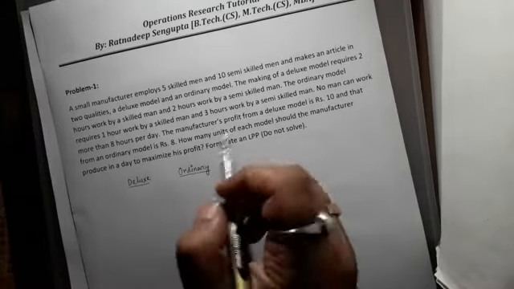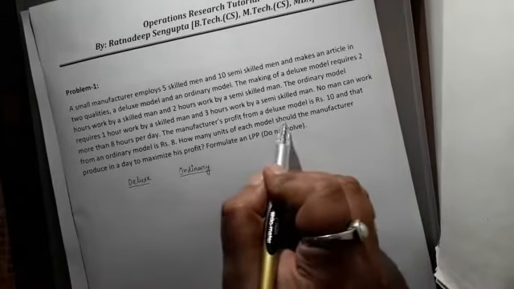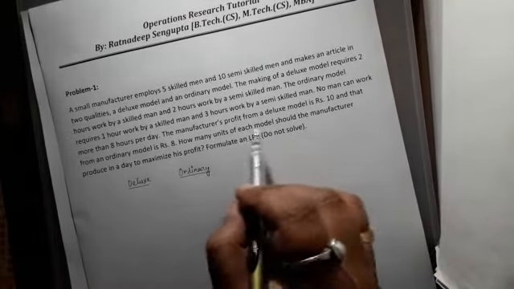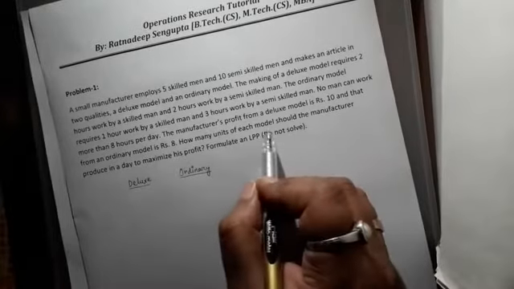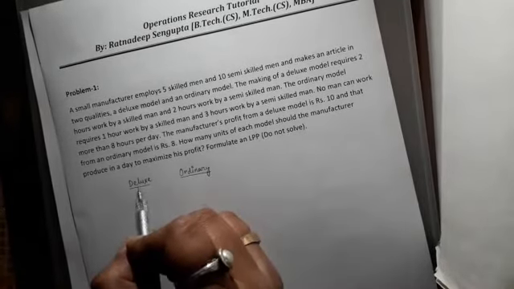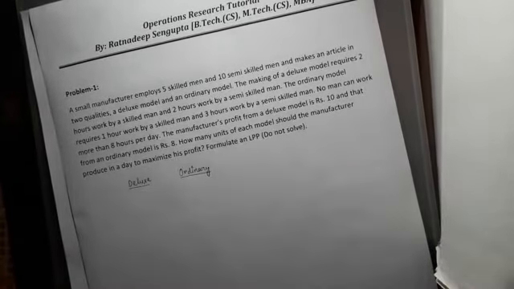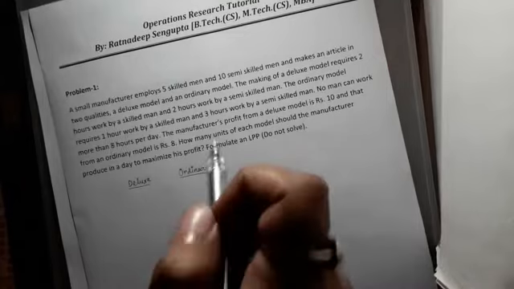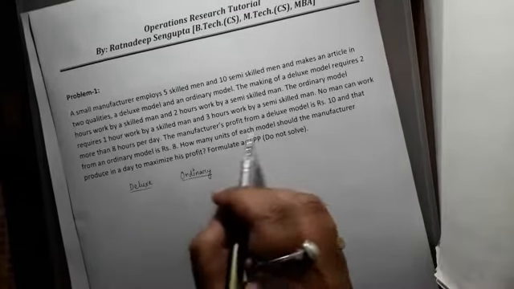Now, how many units of each model should the manufacturer produce? This is the key decision you have to make. How many units of deluxe and how many units of ordinary model the manufacturer has to produce in a day. So you have to determine your decision variable from this only.